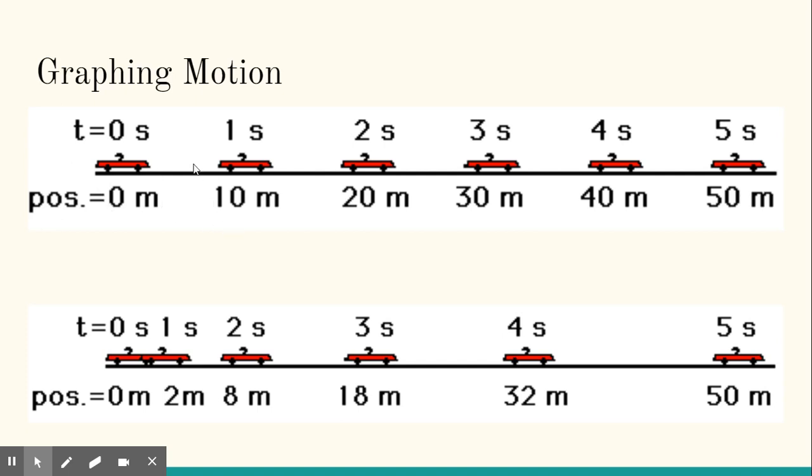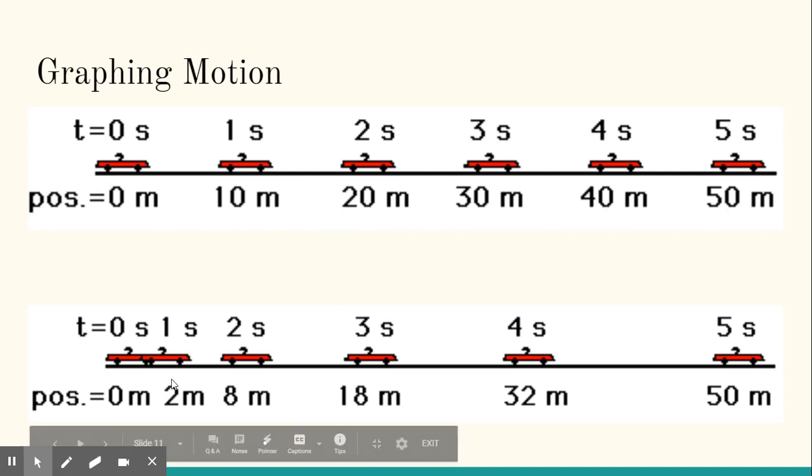So you'll note in this first diagram, we see 10 meters between every single second. So 10, 20, 30.